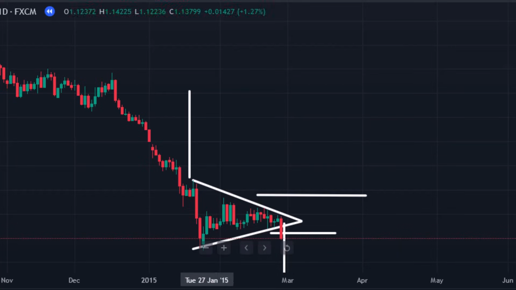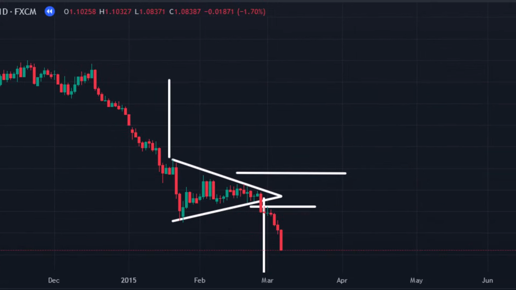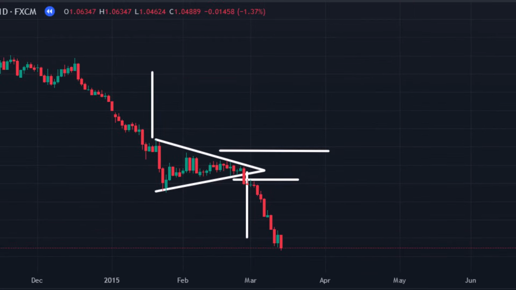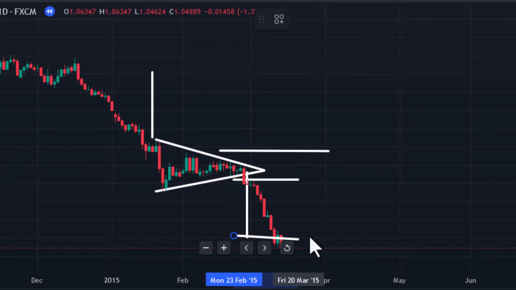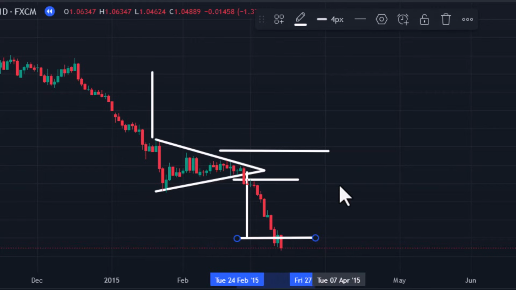So this is it. Watch out to see. After that, we have a bearish close, and price keeps going until our target is hit. So you can see that the target has been hit. So this is how you trade a bearish pennant.